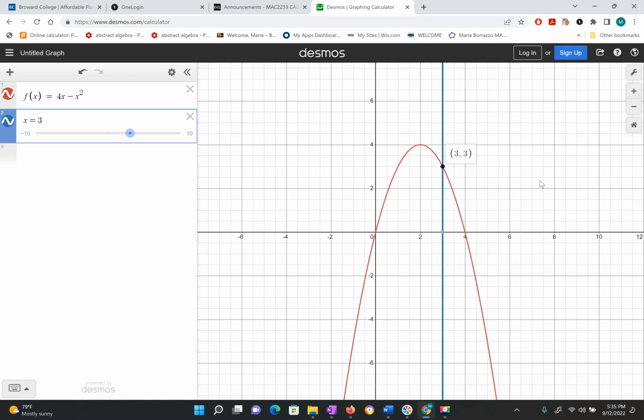Remember, left to right, what's happening? We're going down. As opposed to, say, at 0, 0, which is this point here that we were also talking about, that slope is actually positive 4. Does that make sense?